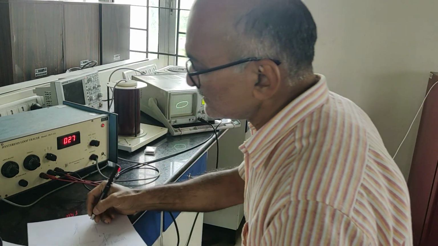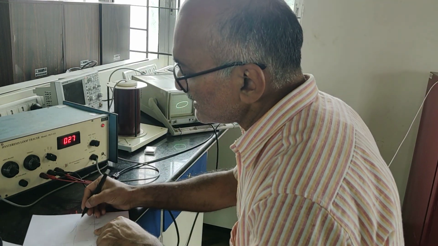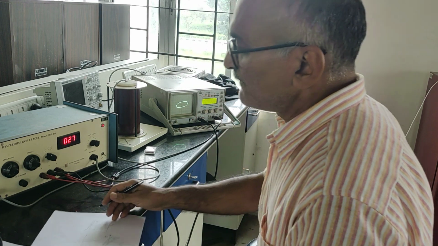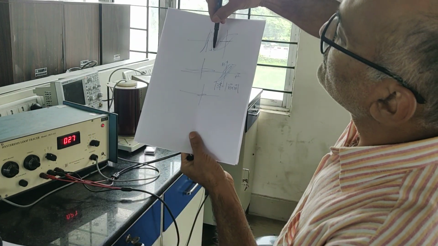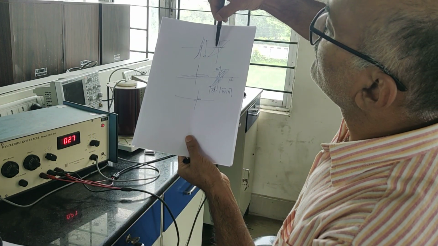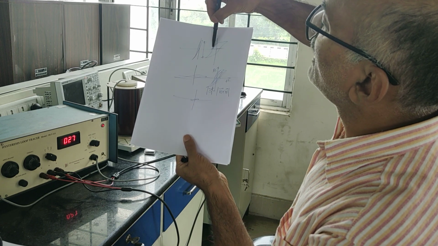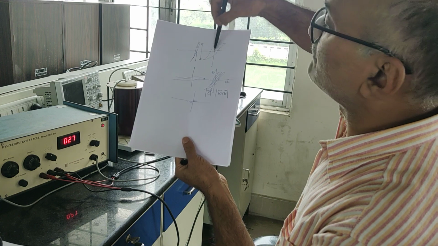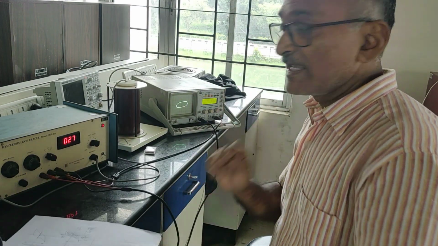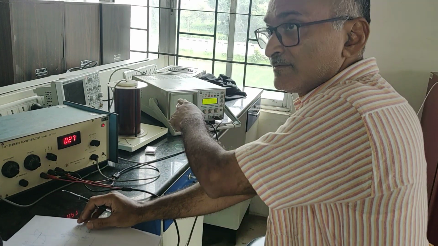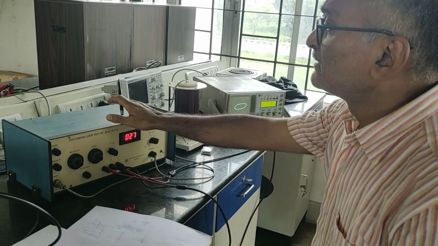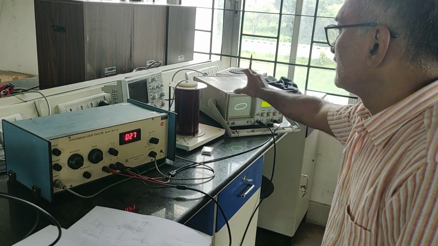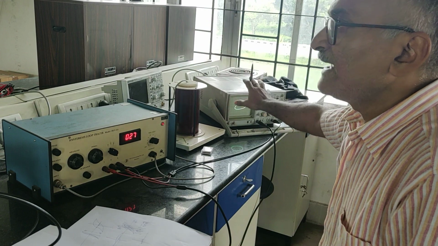That means this distance. This is one tip, and this is the other tip. This much is also to be figured out, along with the x-axis intercept and the y-axis intercept. All these three quantities, along with the calibration on this device for nickel. The manufacturer tells us to calibrate it for nickel, so that this gives me the right estimate.